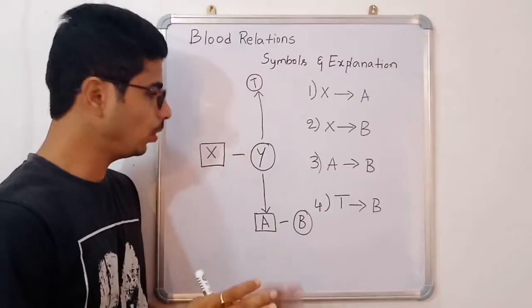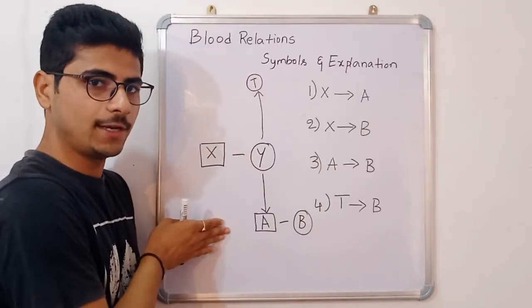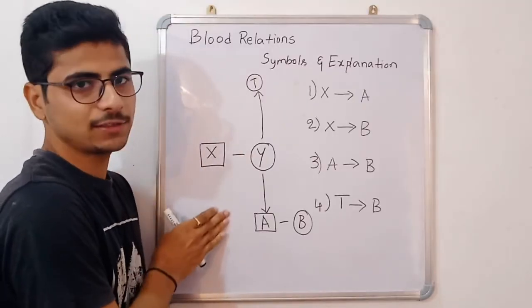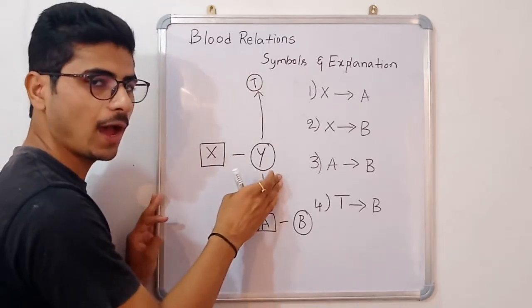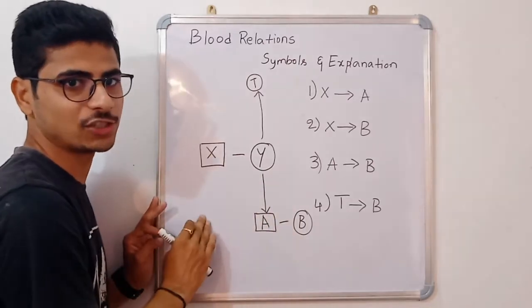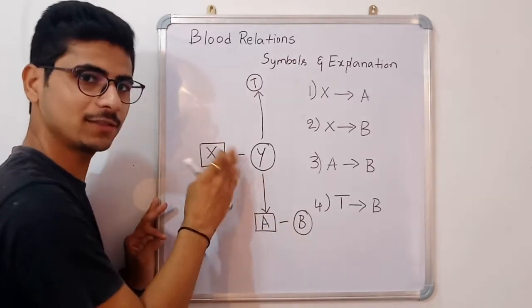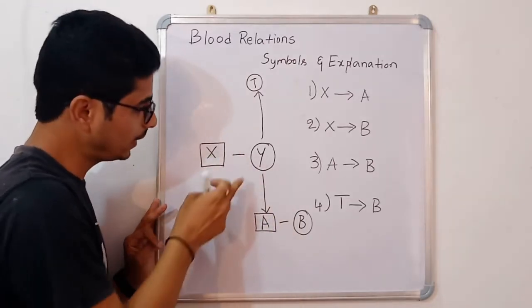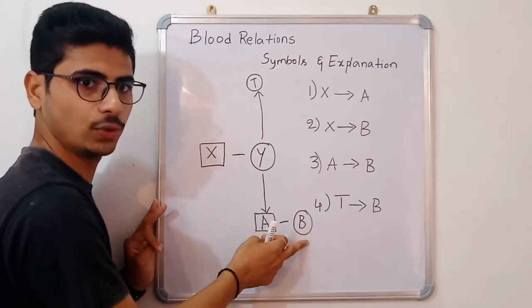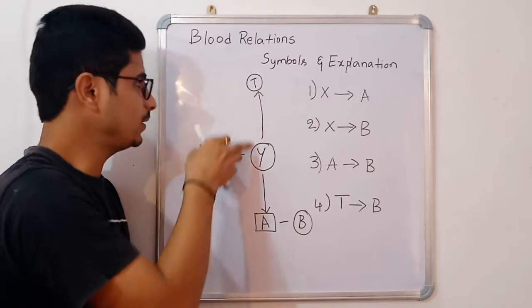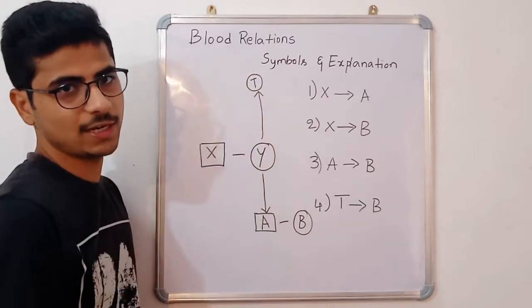Okay, so we have another family tree, and we need to analyze this family tree first. See, this X and Y are in a brother and sister relationship, right? So this symbol represents same generation, and this Y has a son and a daughter who is B. This Y has a mother who is T, right?